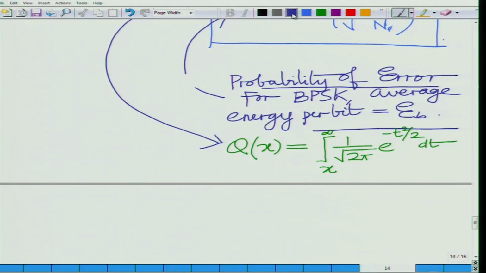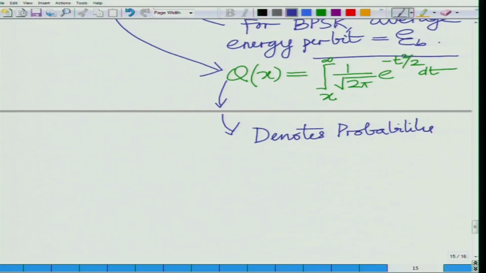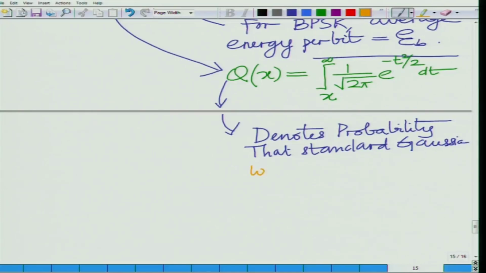It denotes the probability that a standard Gaussian with mean equal to 0, variance equal to 1 is greater than or equal to x. That is basically what this is denoting.